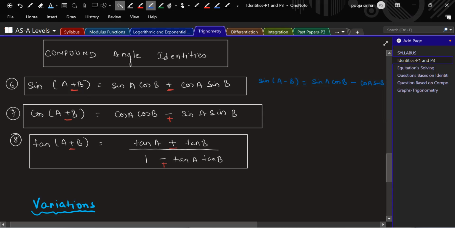Now coming to cos of A plus B, we are talking about. So if there's a plus sign in the identity, on the right hand side you will have a minus sign. Okay.